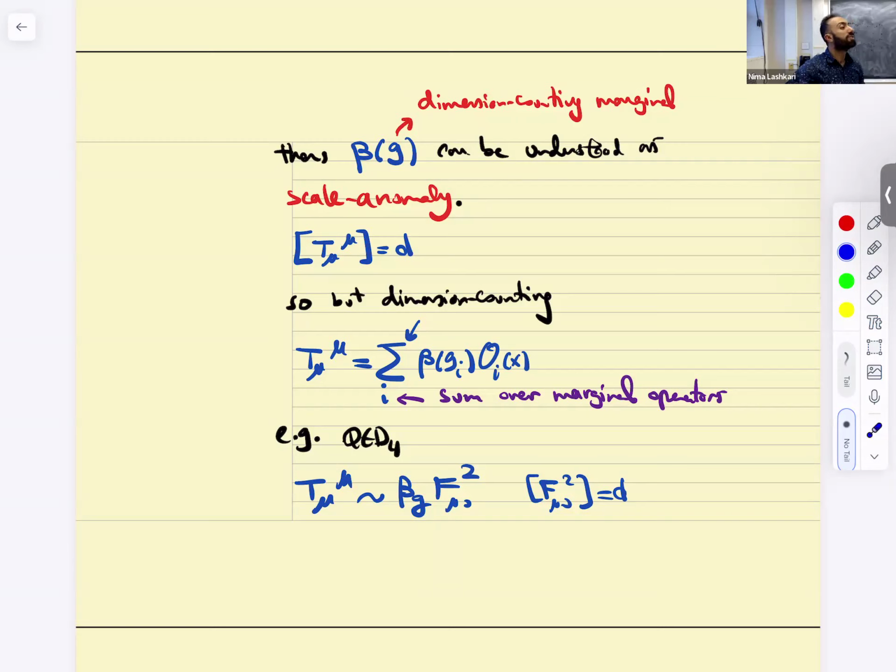Those had to do with explicit violations of scale invariance, because if you sit at the fixed point, nothing is going to run. You have to explicitly go off of the fixed point, then things run. But that's not at all a scale anomaly. The thing that was special about gauge theory was that the classical action was scale invariant, but quantum mechanically it was running.